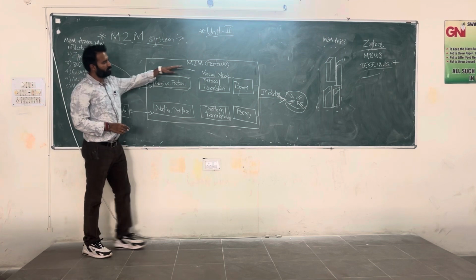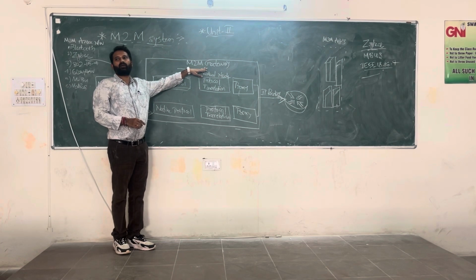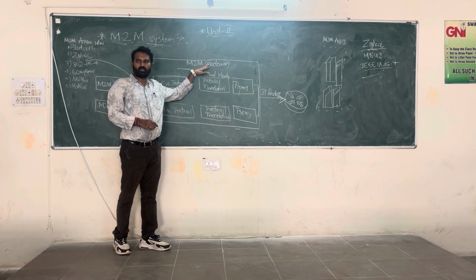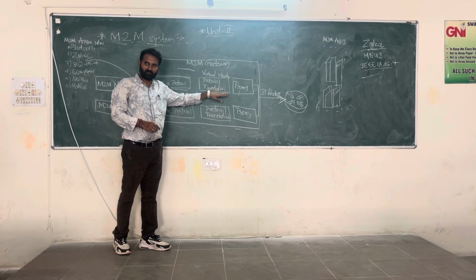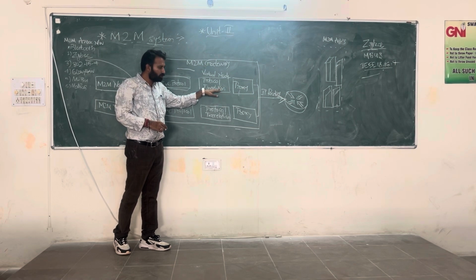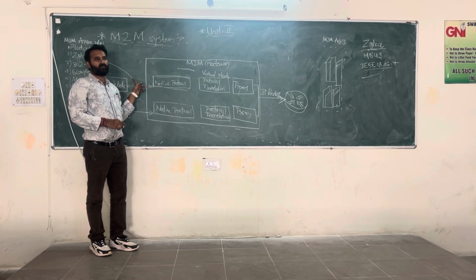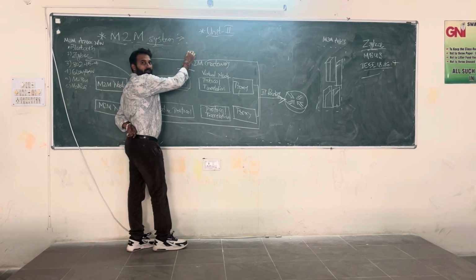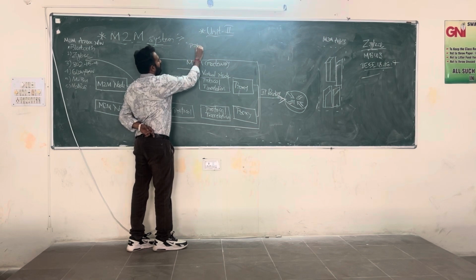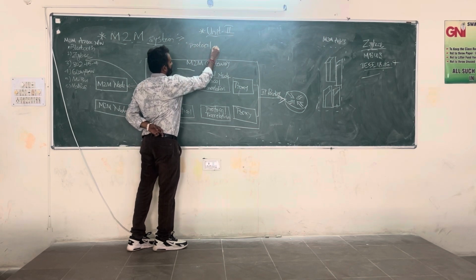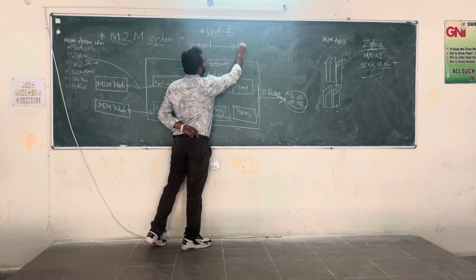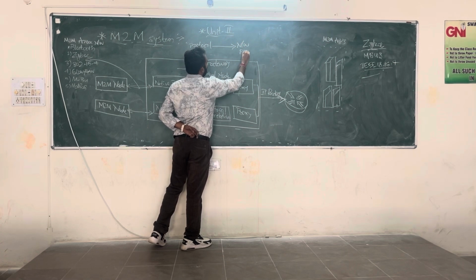So what is the M2M gateway doing internally? It does protocol translation, meaning it does routing, or it assigns the IP address to your M2M node. Concentrate here. It translates from the communication protocol to the network protocol.